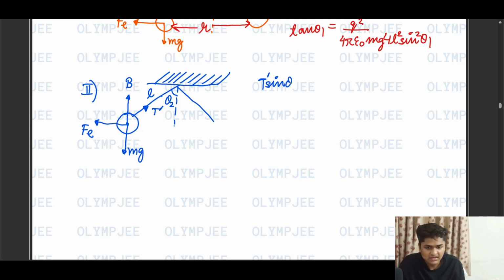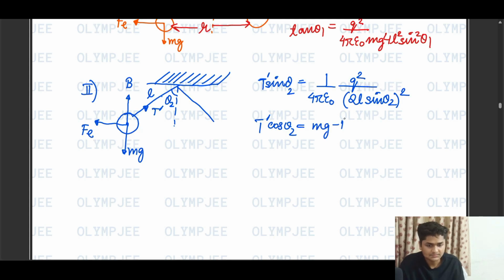So T sine theta 2 is equal to, in x direction, I am writing 1 by 4 pi epsilon naught q square by, since length remains same and theta has changed, and in y direction it will become mg minus B. So finally tan theta 2 will be given as q square by, and this will have epsilon r also, because in liquid there will be relative permittivity also.